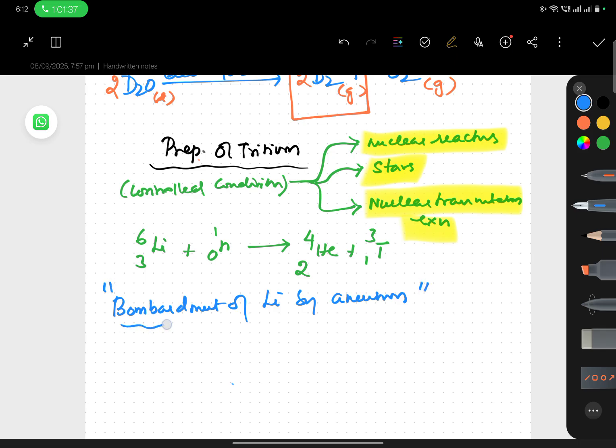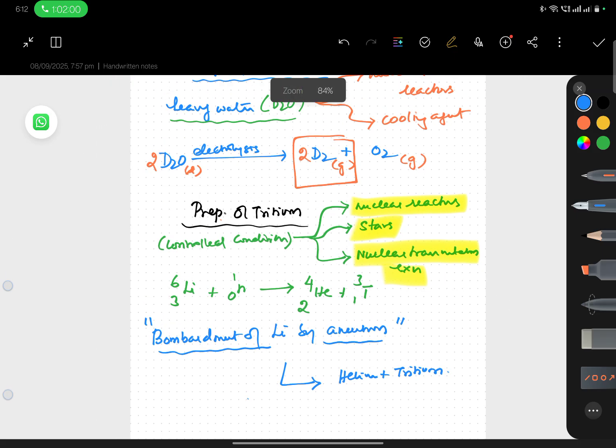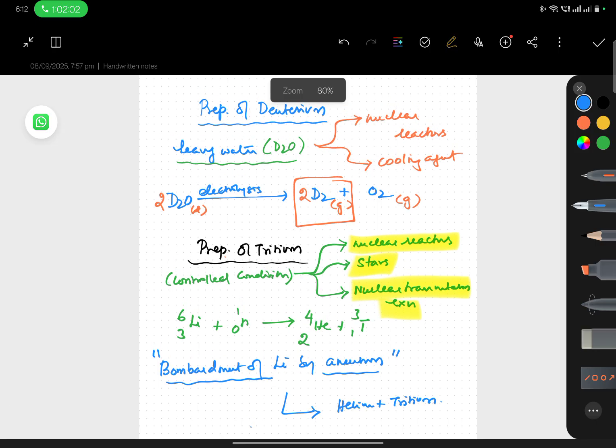So when you bombard lithium with a neutron, you will get helium plus tritium. Finished copying, ma? Take your time, no problem.